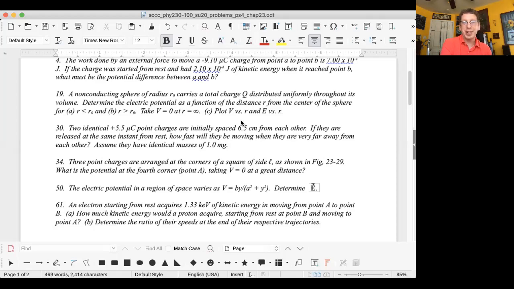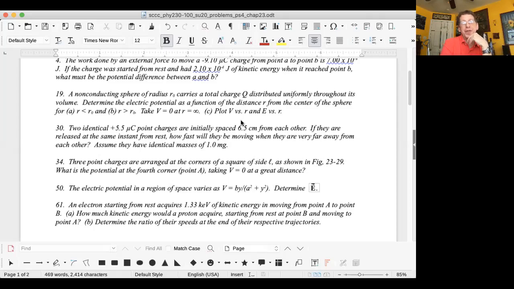And so they're going to be gaining the same amount of kinetic energy. If you know what potential energy each charge has initially, and that's not that hard to calculate, then you know how much kinetic energy they have when they're very far away from each other. And since you know the mass, you can figure out the velocity.